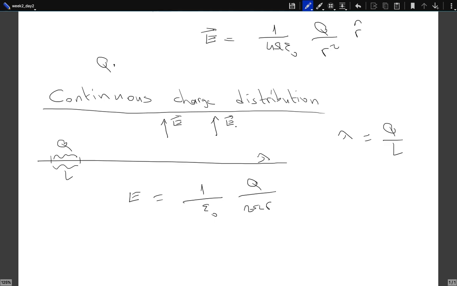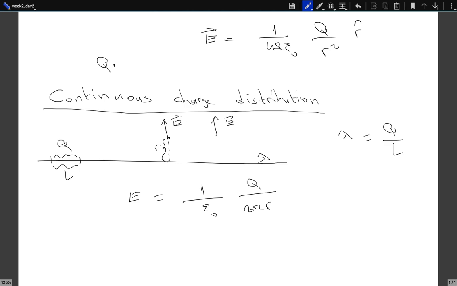One thing you should note is that this R is the distance of the point from the wire. It doesn't matter whether you are looking at this point or some other point at the same distance from the wire. Those two points have essentially the same electric field.